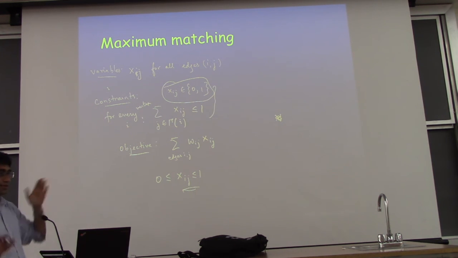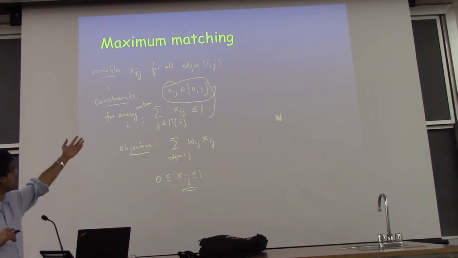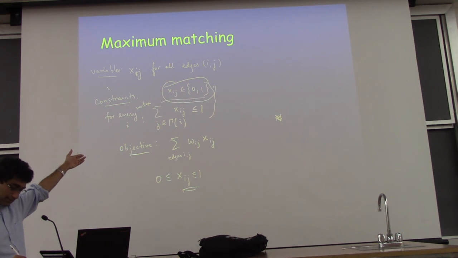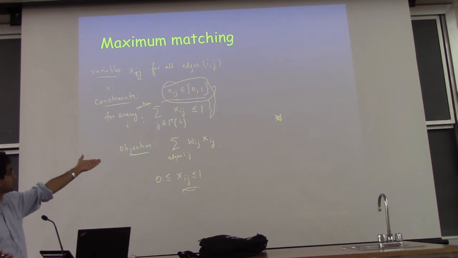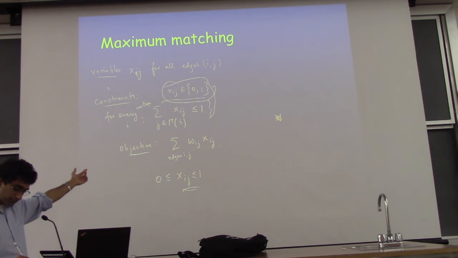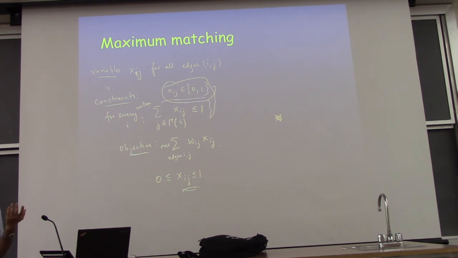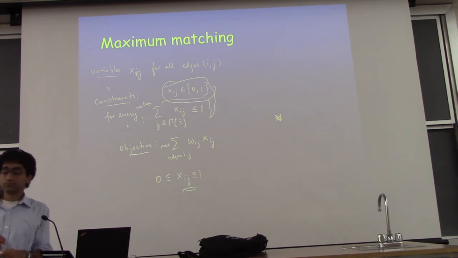These are just constraints that look like boxes, and you have a bunch of other linear constraints, and you want to maximize this linear function of the xij. So everyone clear?